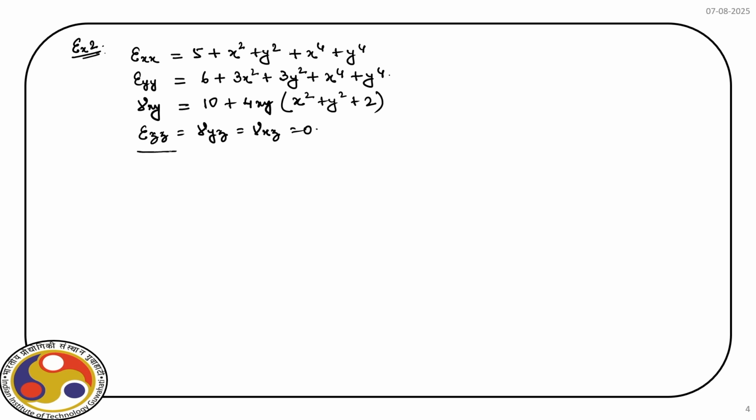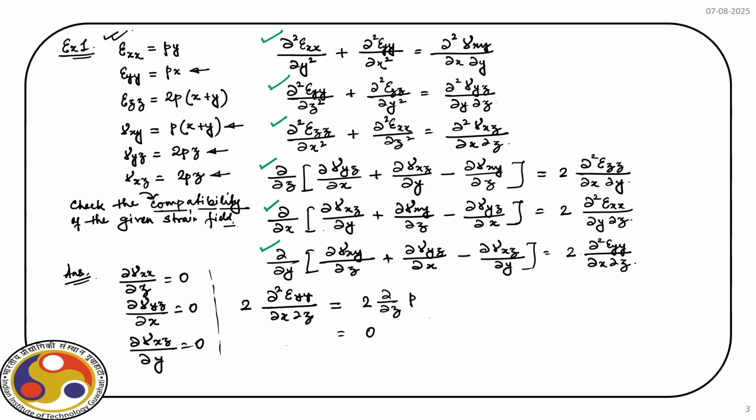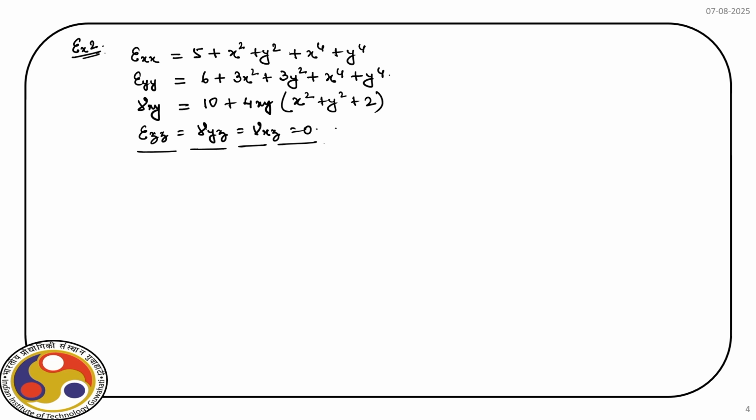Okay. So, that is the given components of the strain, and then we are supposed to check whether the compatibility conditions are satisfied or not. So, again we have all these conditions, but again here we have the strain along z direction, they are 0.